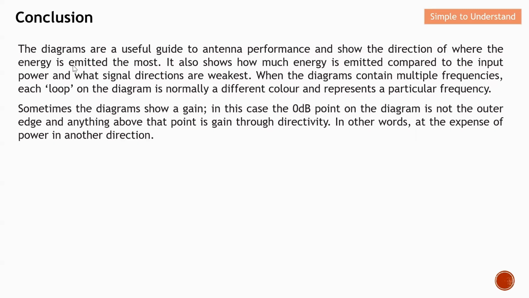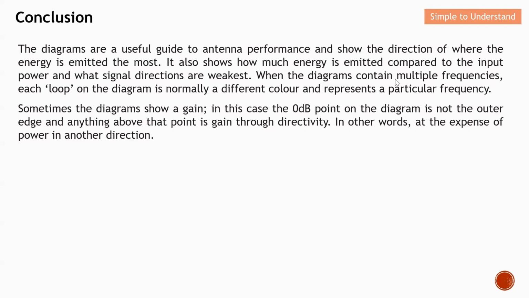In conclusion, the diagram, which is the radiation pattern, is in fact a very useful guide to antenna performance. It shows the direction of where the energy is emitted the most, which is mainly for directive antennas. It also shows how much energy is emitted compared to the input power. And basically from there, we are able to determine the antenna efficiency and also which signal directions are the weakest.